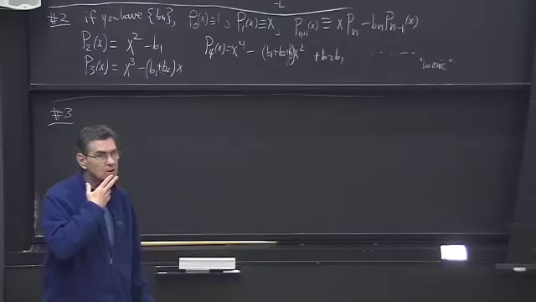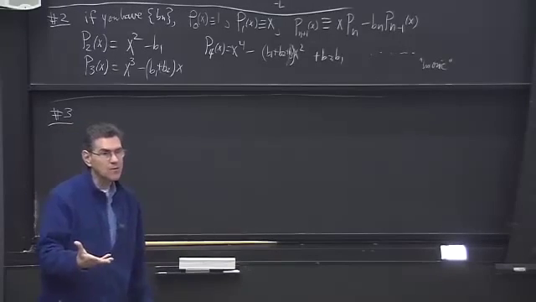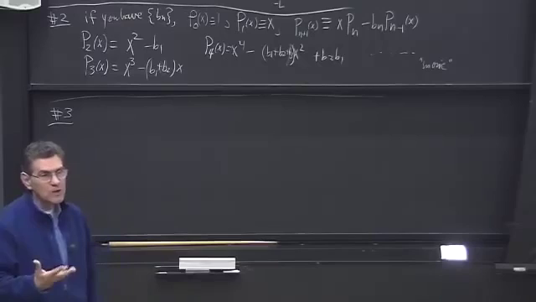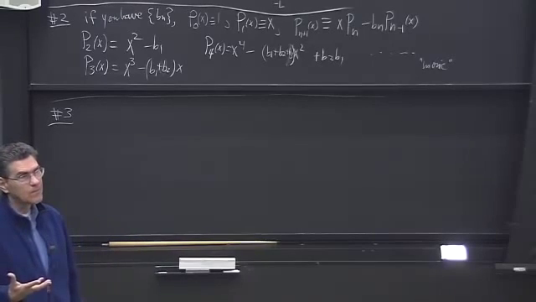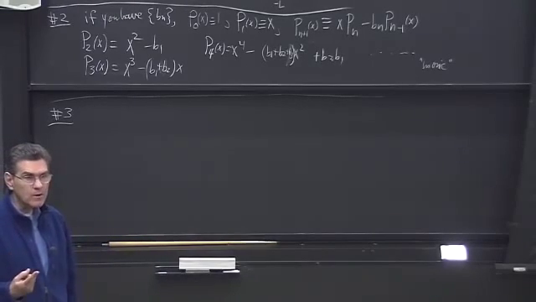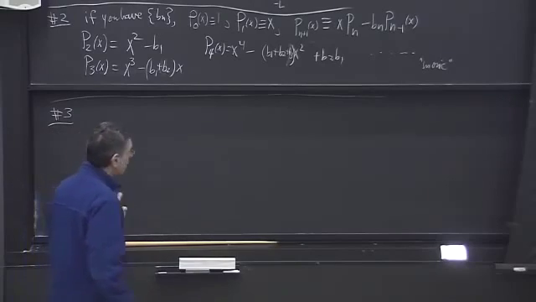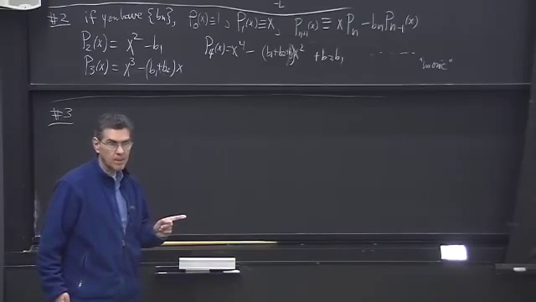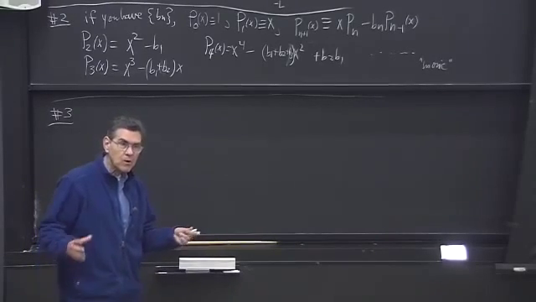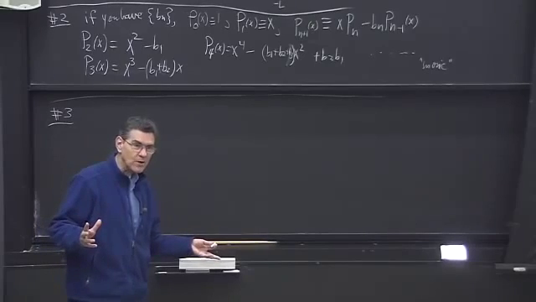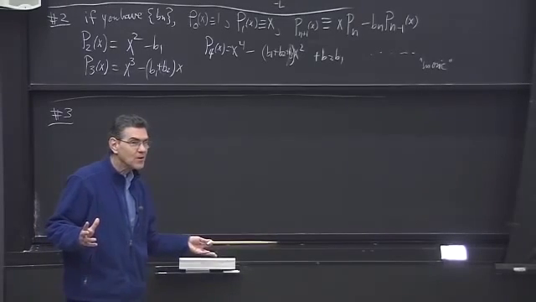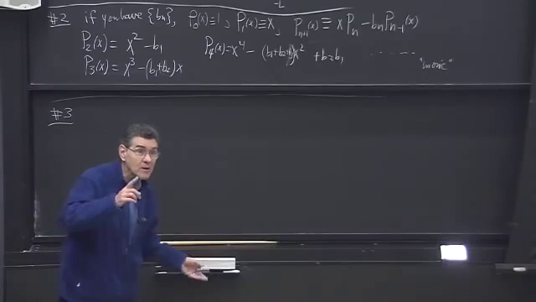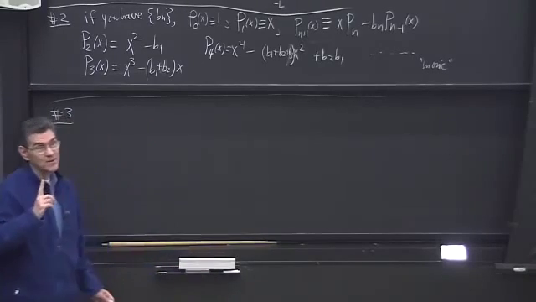Anybody have an idea? The most interesting property of a set of polynomials would be that they're orthogonal. So let's require that these polynomials are orthogonal with respect to what? W. That's right.